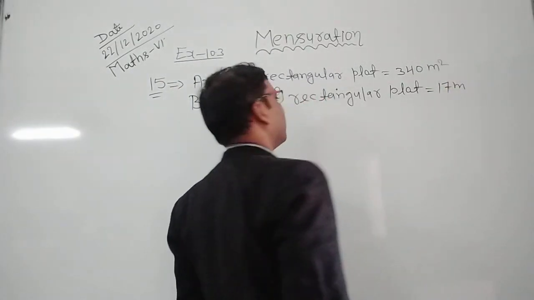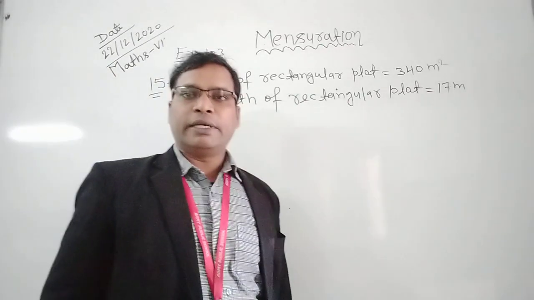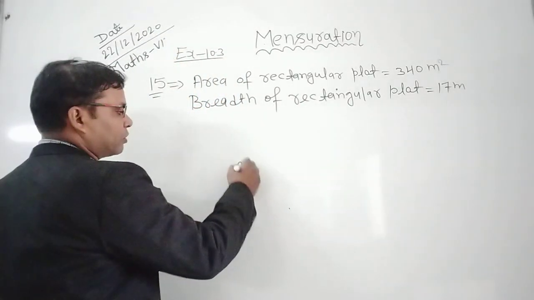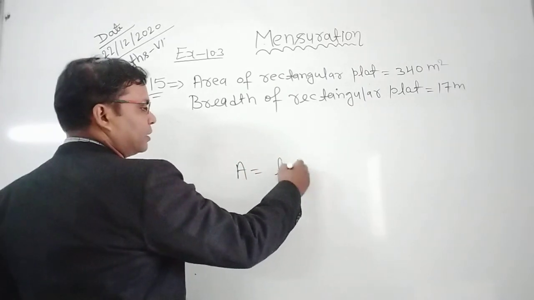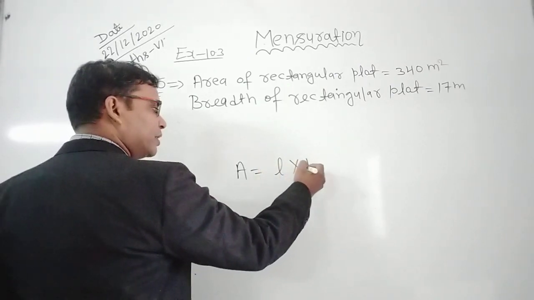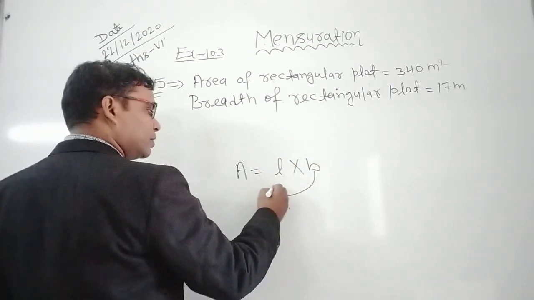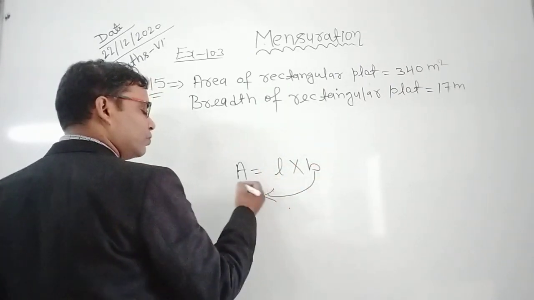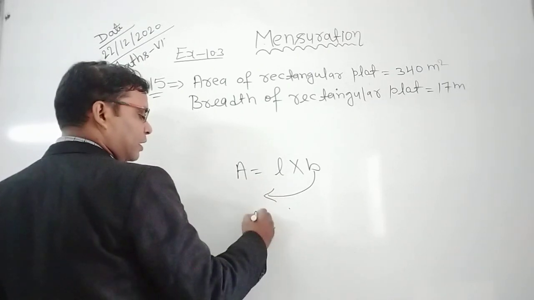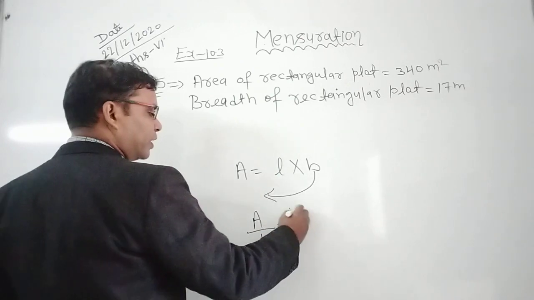The breadth of the rectangular plot is given here, and you know very well that the area of a rectangular plot is equal to length into breadth. If you need to find the length and the breadth is given, then you transpose the breadth to the left side. So you can see A by B is equal to length.